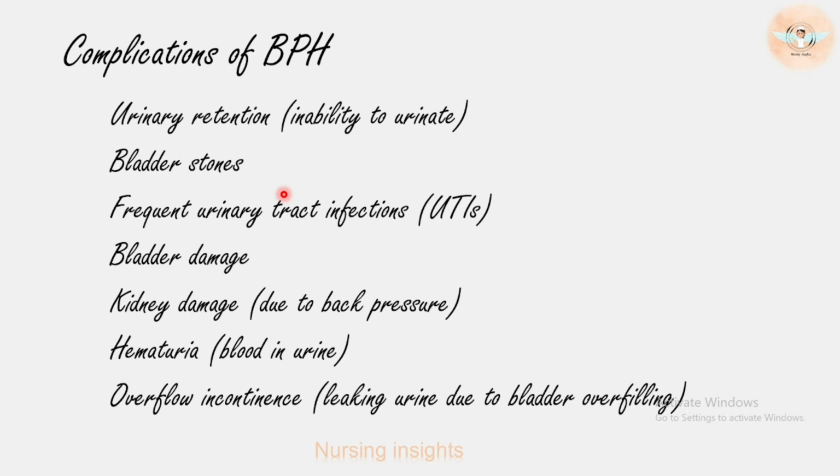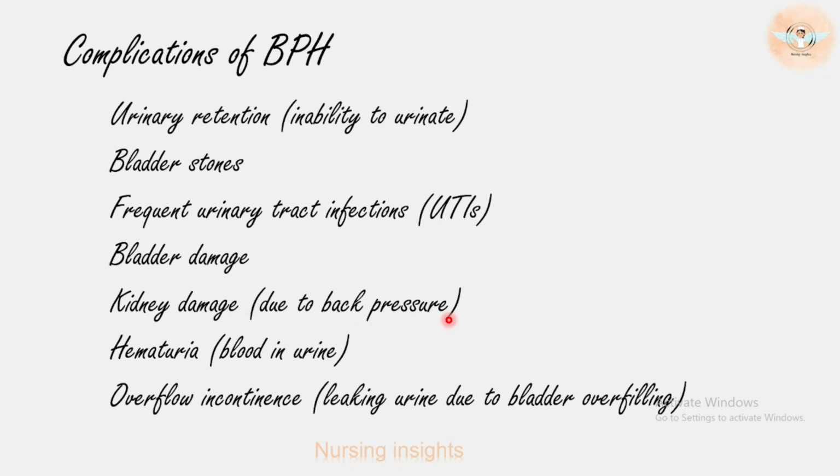We know urinary retention, that means inability to urinate, and bladder stone, because urine is loaded in the bladder for a long time, so it will lead to bladder stone formation. Frequent urinary tract infection, UTI, bladder damage, and further kidney damage due to the back pressure.